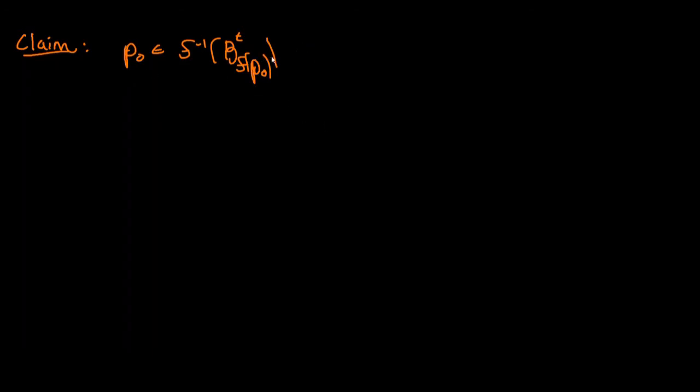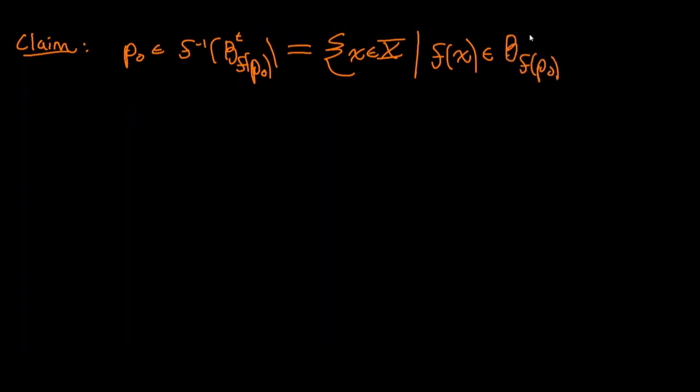Just by the definition, this inverse image of this open ball is defined to be all points x in the domain of f such that f of x is in the open ball centered at f of p naught and radius epsilon. Well, check this out. f of p naught is the center of this open ball, so it must be in the open ball centered at f of p naught and radius epsilon.